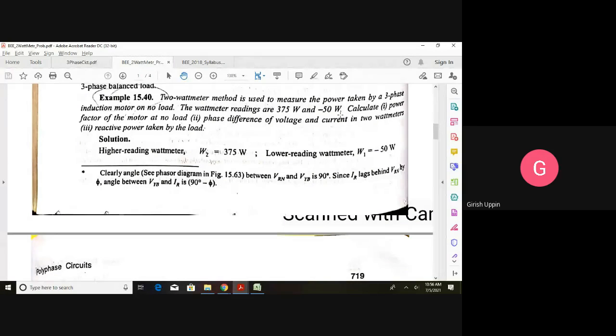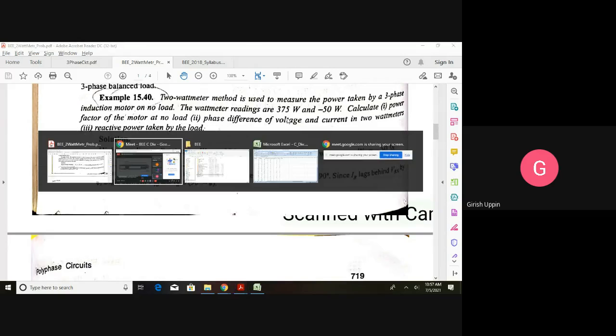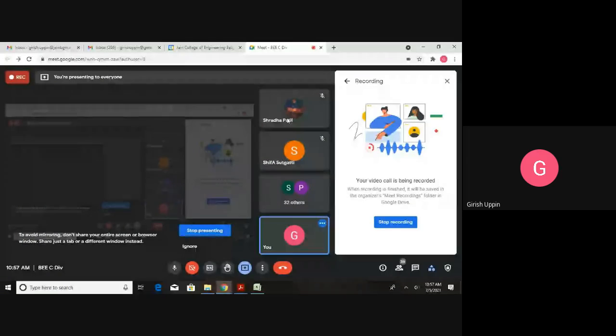Can anybody tell me which is W2 and which is W1? They have given 2 wattmeter readings. Which is W2 and which is W1? Anyone? Guys?